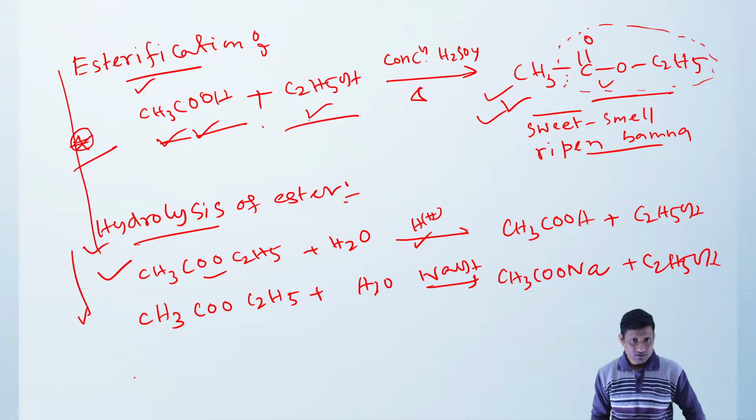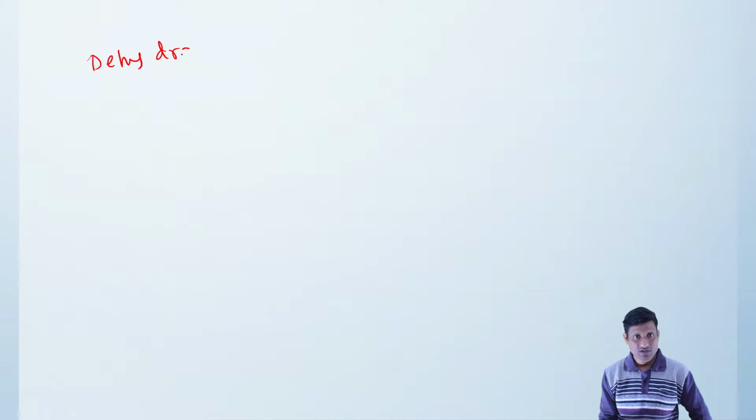Now we'll learn about another important reaction. So basically, already we did that. So basically dehydration. Dehydration का मतलब क्या होता है? So basically we are removing a water molecule from the ethanol.